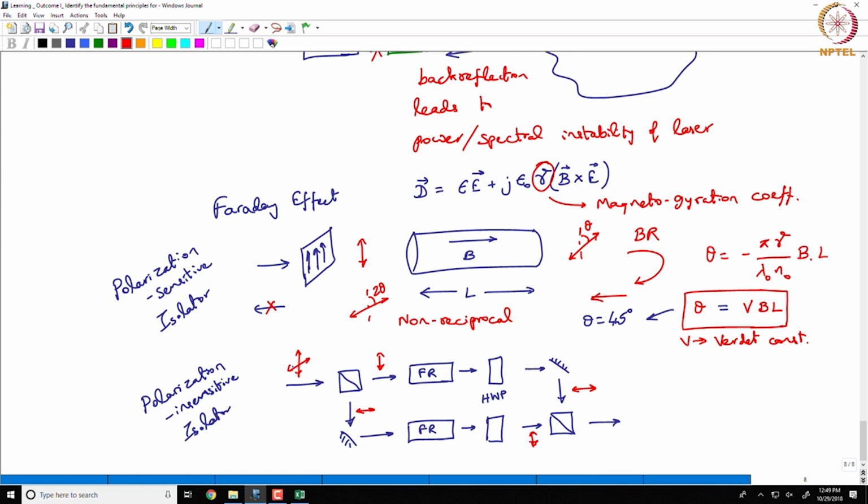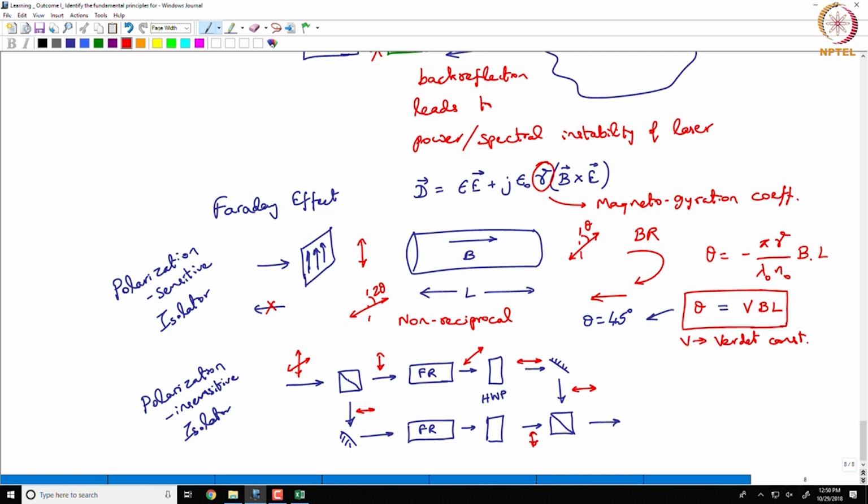Okay. So, just to give you a clear picture here. This is 45 degrees, but after going through the half wave plate it would have been this horizontal polarization. So, vertical is becoming horizontal, and when you trace your way back, this horizontal would have gone back to 45, but after going through the Faraday rotation it would have been 90 degrees.